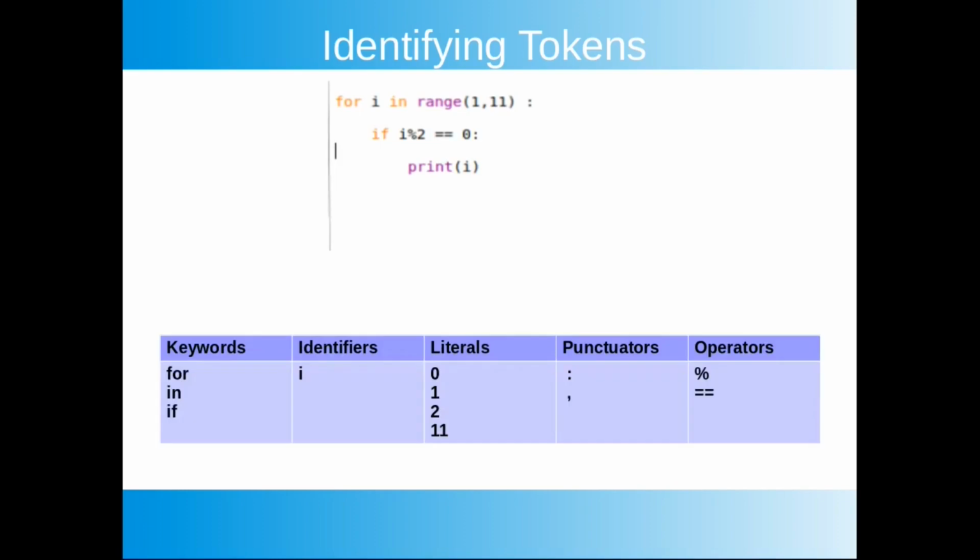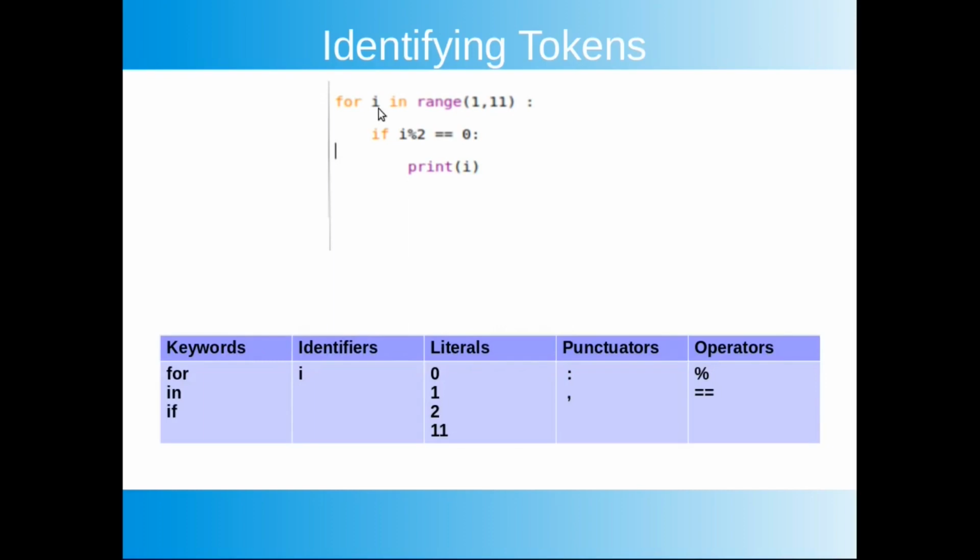Now let us end our session by solving an example where we will try to identify tokens in a given code which is written in Python. So here we have for, in, if, which are keywords.